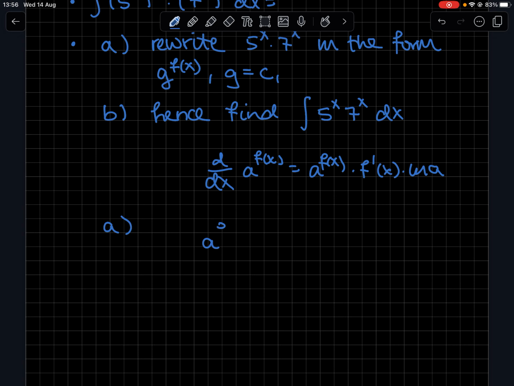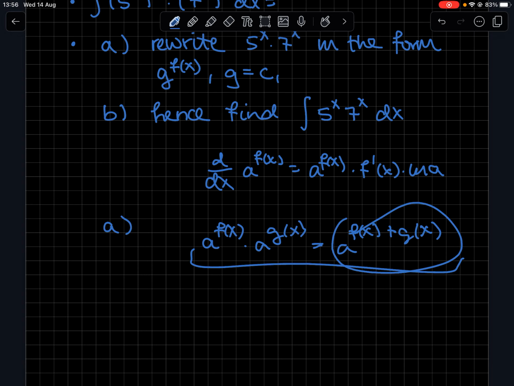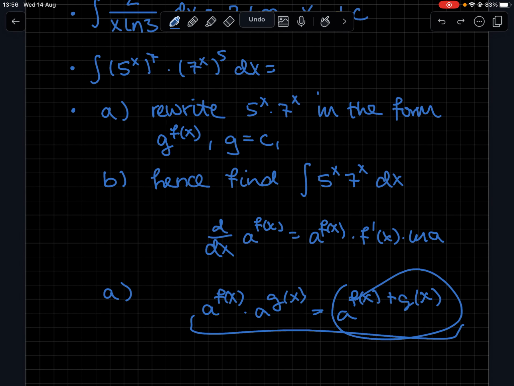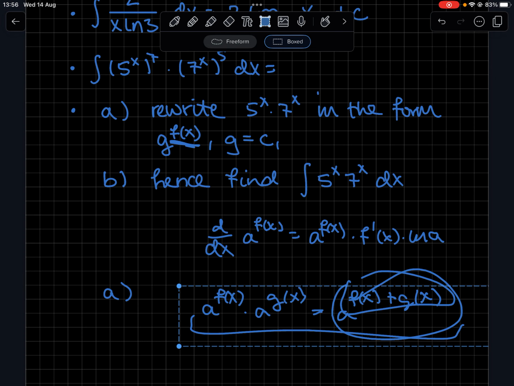So a to the power of f of x times a to the power of g of x, we know that this is the same as a to the power of f of x plus g of x, okay? So that's an alternative. We can also use this rule, and this form is the same as that form. We can just say that our f of x is the sum of these two functions. So we have to use one of these two rules. And let's try using this rule.